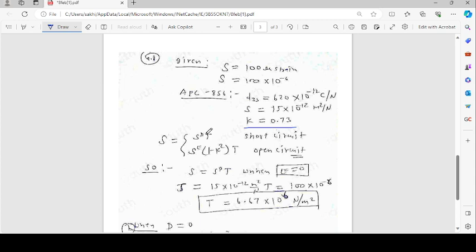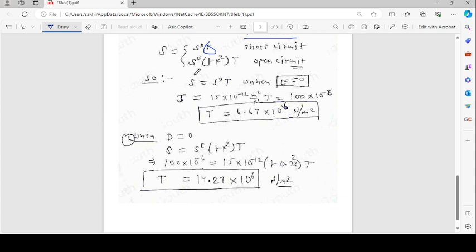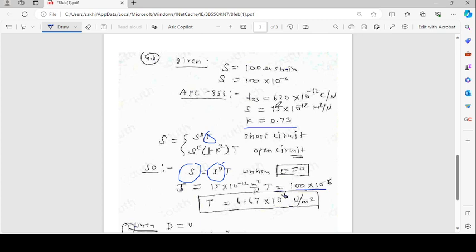So the first condition is the short circuit condition. We have to compute T when the short circuit condition happens and for this value of S. When you put in 100 microstrain, meaning 100 multiplied by 10 to the power minus 6, and this value is given. Maybe this value can differ based on the material properties and which material you are using in your piezoelectric device or application.